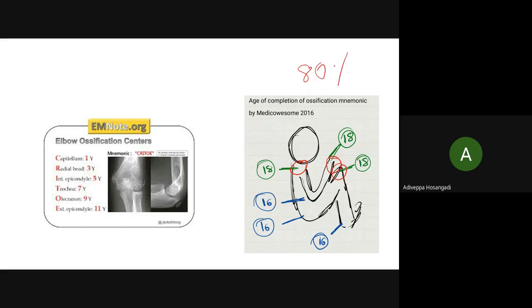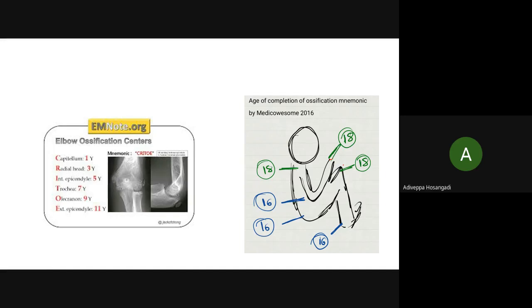Hypothetically, if there is a 10 centimeter segment, 8 centimeters is contributed by these growing ends. So they fuse late, they contribute to the greater length of the limb, and if they are affected in infection, they cause limb length discrepancy, and they are generally the sites for bone tumors.